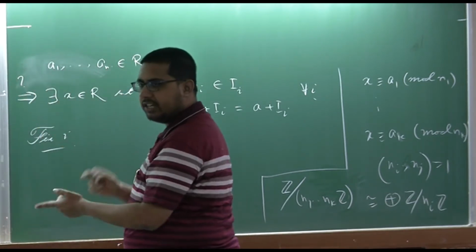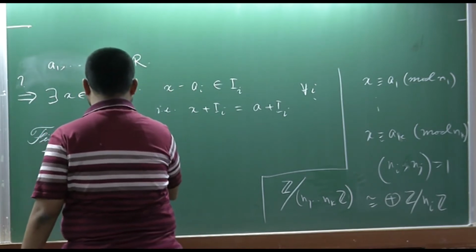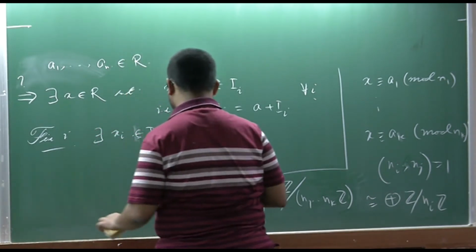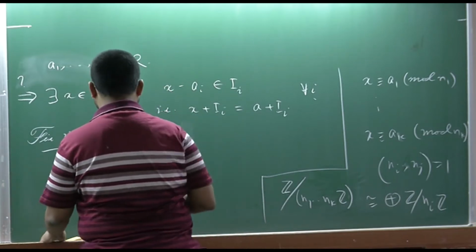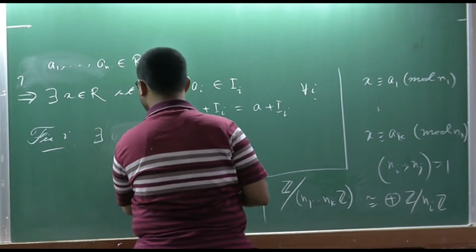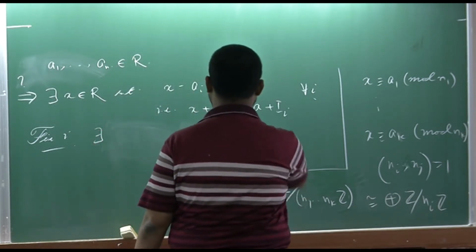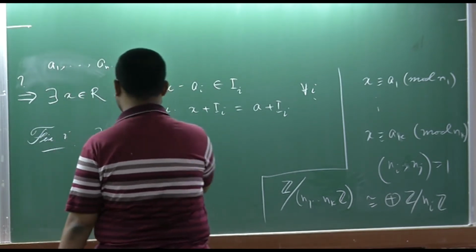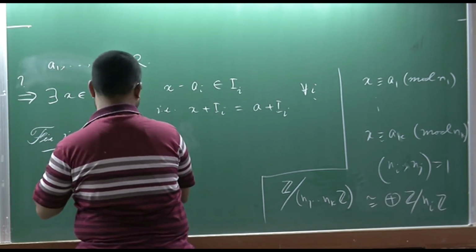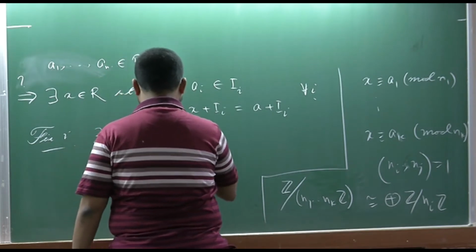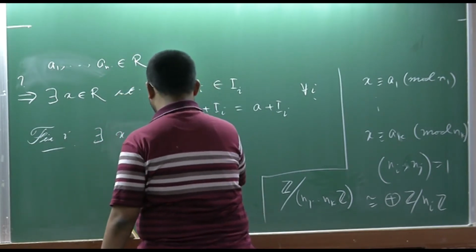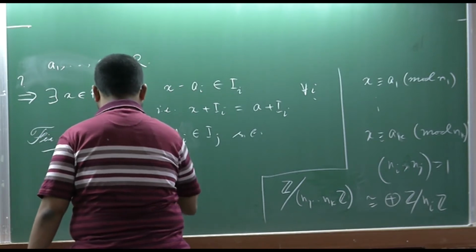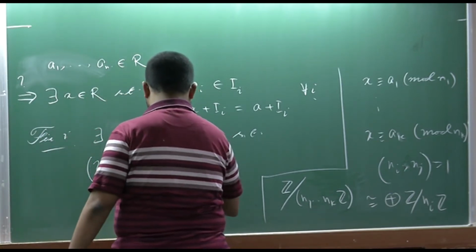Since Ii and Ij are coprime, there exist xj in Ii and yj in Ij, such that xj plus yj is 1.